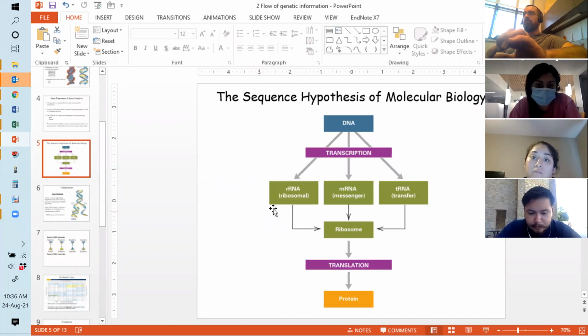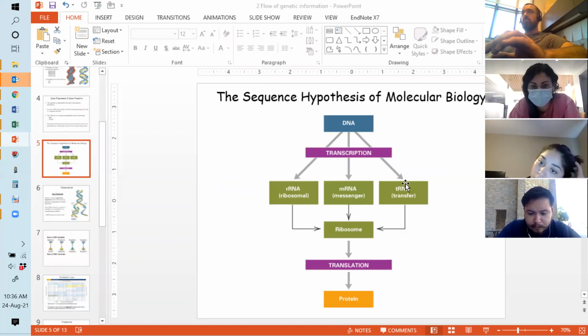Ribosomal RNA. So ribosomal RNA is the molecule that synthesizes proteins. I mean, it does it in a ribosome, but it's not the protein part of the ribosome that makes protein. It's the RNA part, which is pretty wild.